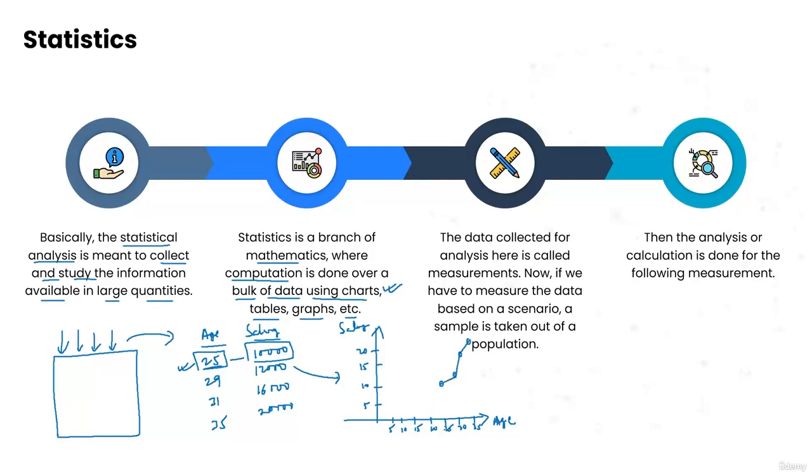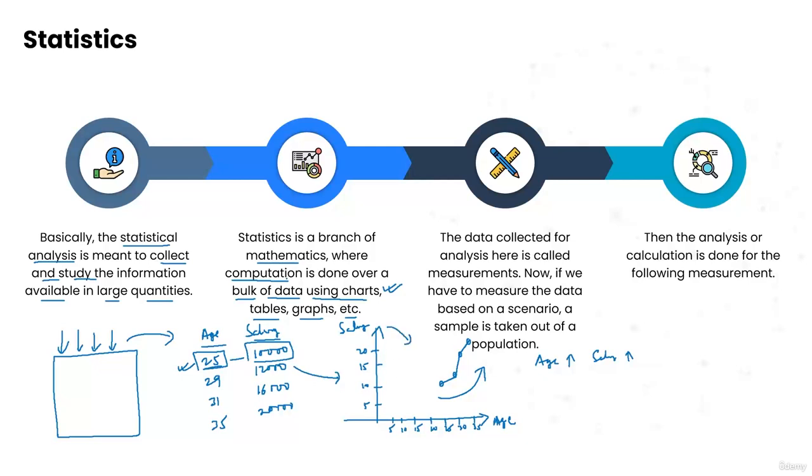If I start plotting the graph, this is how the graph looks, which clearly indicates that there is an increasing trend. That means if age increases, your salary increases as well. This is what the data is telling us using this particular chart.